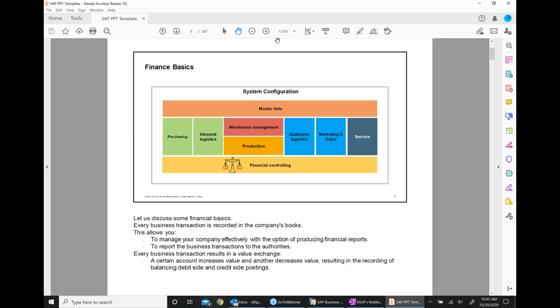That is what we see here, and that is what we have been discussing all along. So this is the example of financial basics.